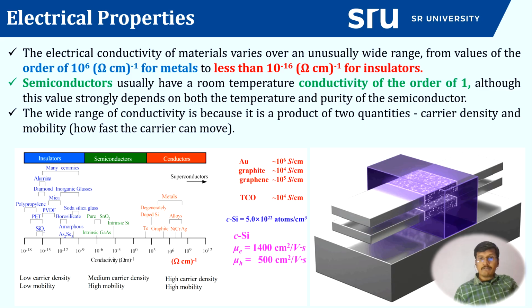The availability of charge carriers is important. At the same time, the mobility of charge carriers is also very important. These two factors affect the electrical conductivity, and we can determine the conductivity using these two factors. Mathematically, the conductivity depends on both carrier concentration and mobility of charge carriers.